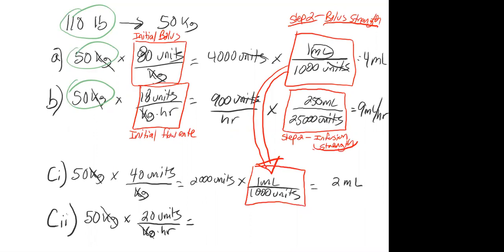Because you had already rebolused with the 40 units. You got it. Half of the 80. All right, and you need to increase the rate by 2 units per kilogram per hour. You got it.